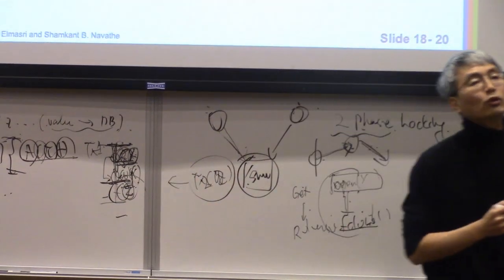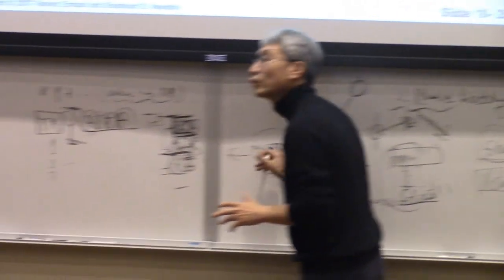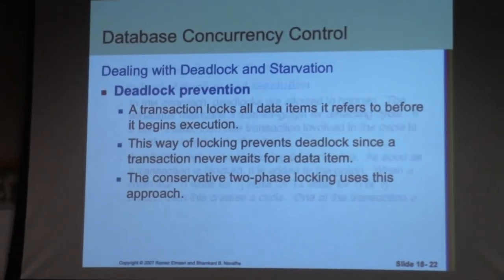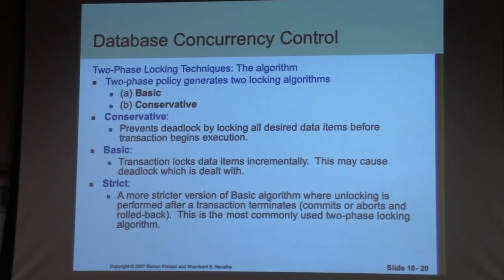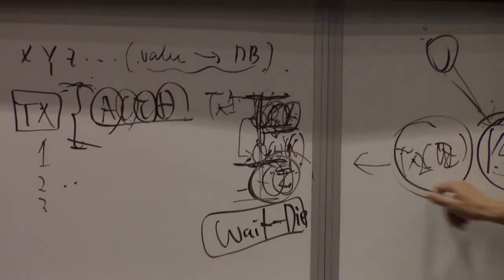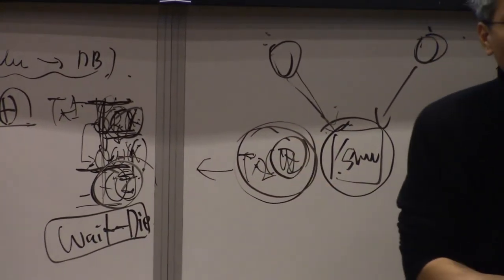So there are two types of solution to decide the winner. One is called the wait-die algorithm. Here, transaction 2 takes the Z resource.